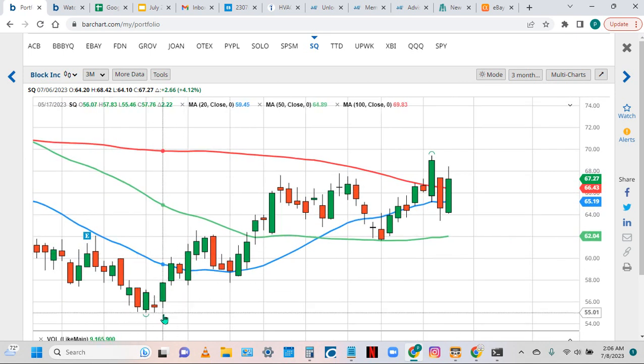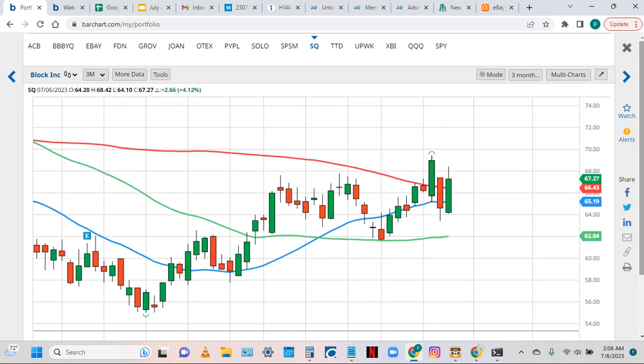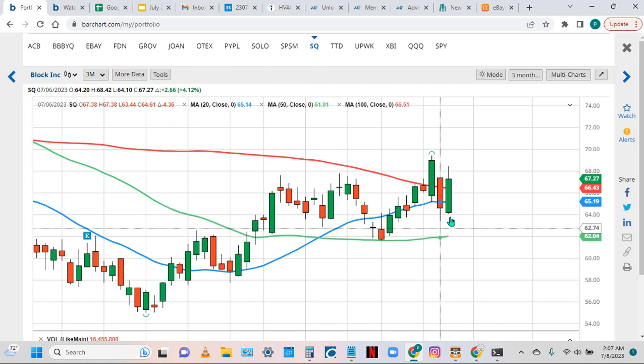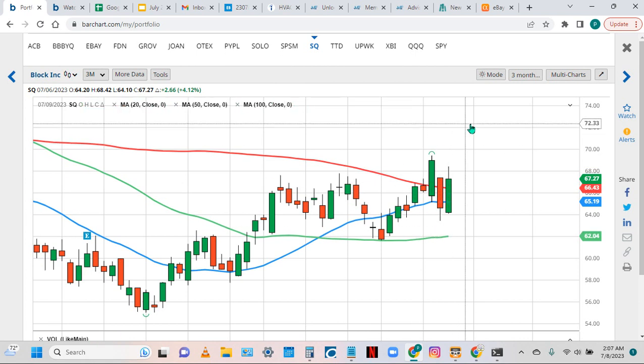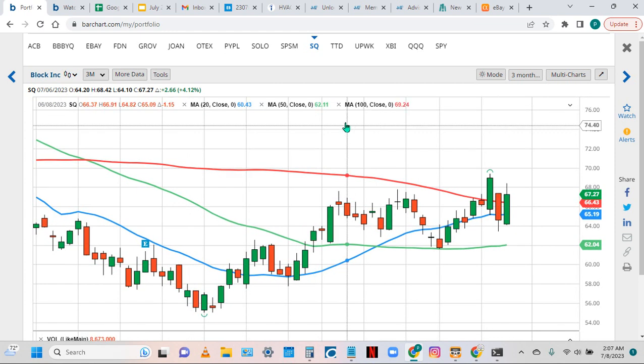You can just see if you connect these dots, these pivots, you can see that wedge pushing up right there into this resistance area. And it looks like buyers are starting to take real control of that company. And larger green candles should equal larger momentum to the upside. So that is it this week for that lesson on that.